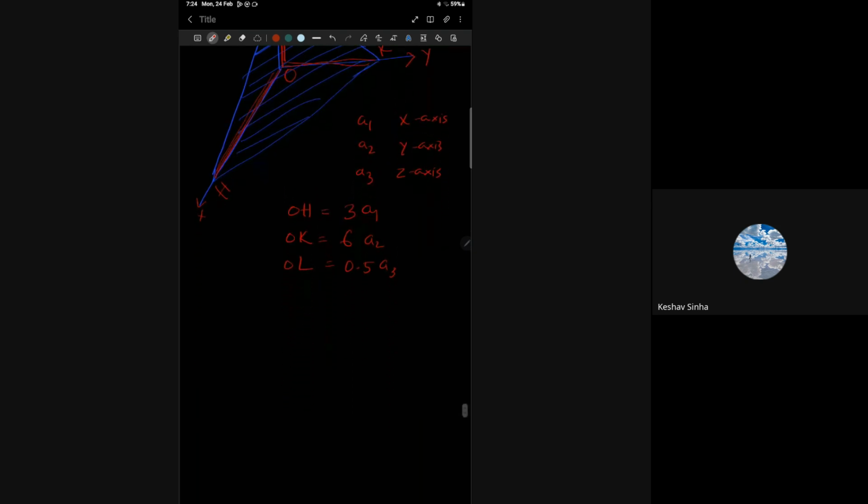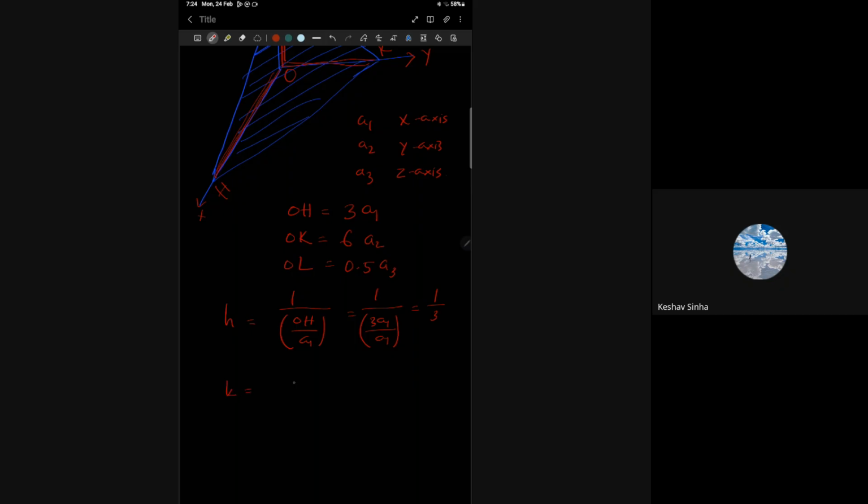First the ratio. H is equal to how much? 1 by OH by A1, so this will be equal to 1 by 3A1 by A1, which is 1 by 3.